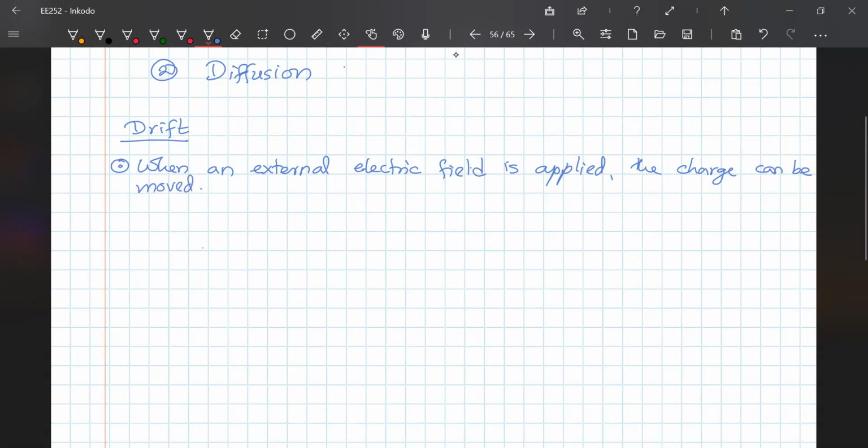Okay, external electric field means it's a voltage, right? The behavior of charge movement, of charge, is basically called current.